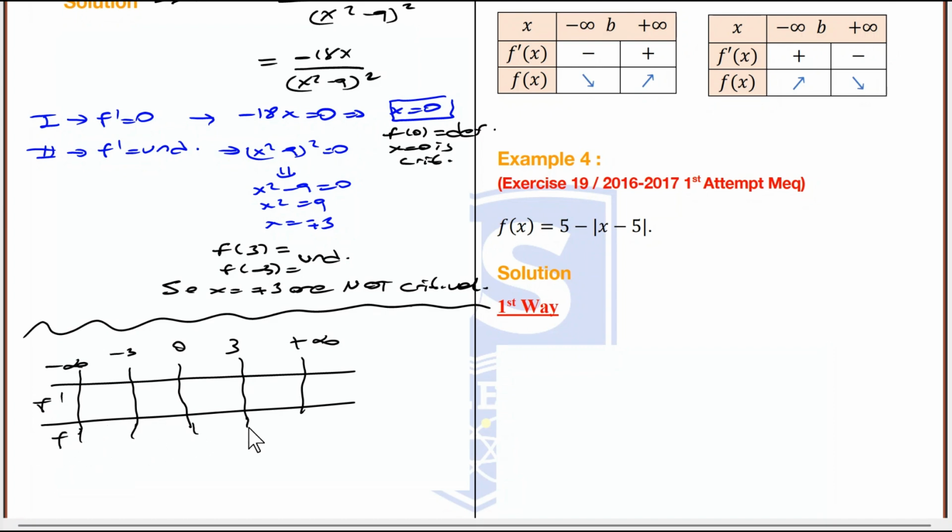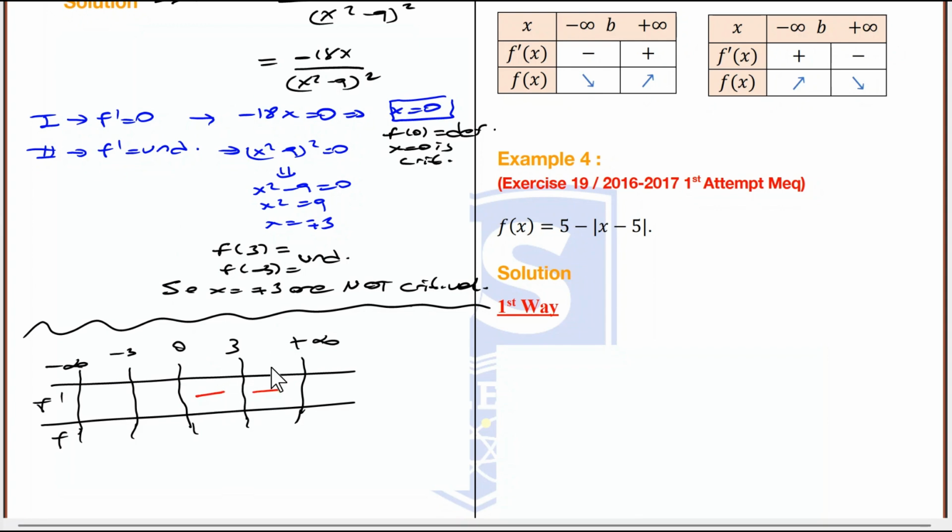Alright, let's check the sign of each region. Let's pick a number more than 3. No matter what number you use for x here in the denominator, it's going to be positive because you're squaring it. A number bigger than 3 makes the top negative, so the right side is negative. Pick a number between 0 and 3, like 2, it's also negative.